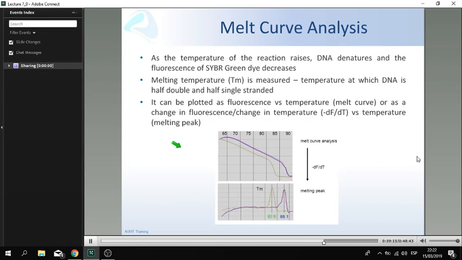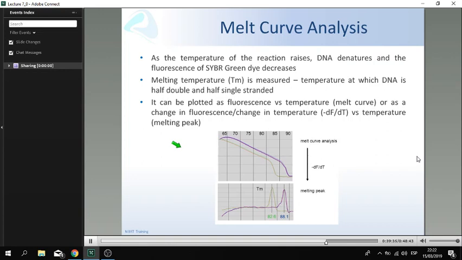Melting temperature is the temperature at which DNA is half double and half single stranded. In this case, SYBR Green fluorescence will decrease. Remember, it's only binding to double stranded. So if you are heating the product and making it single stranded, SYBR Green fluorescence decreases.